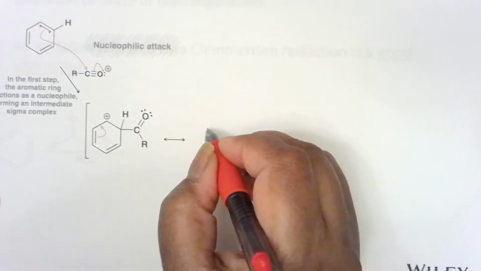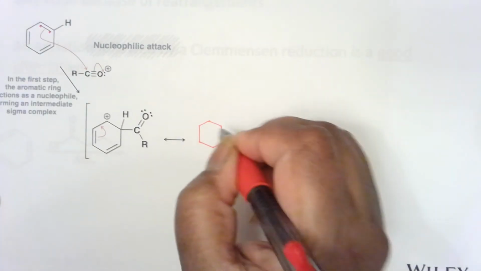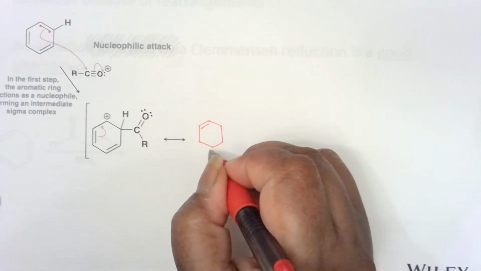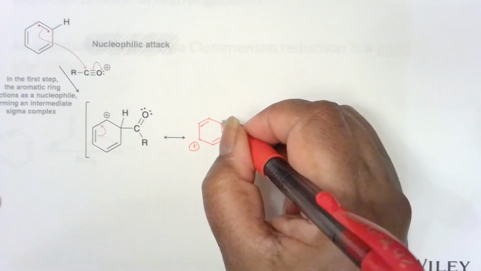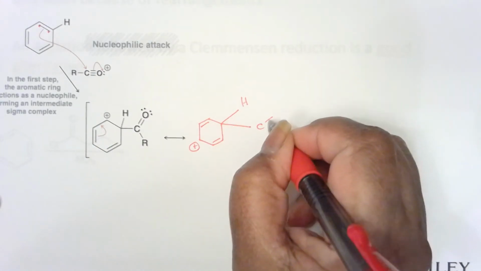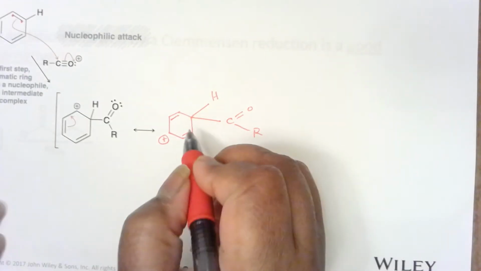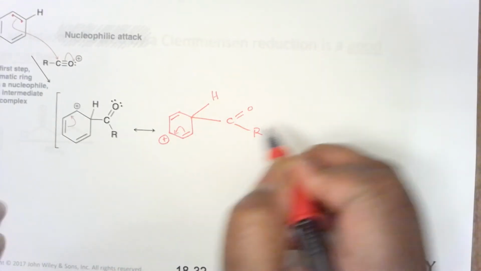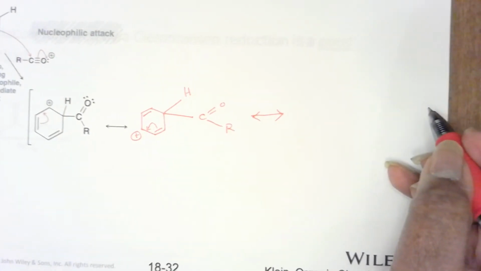So you can draw other resonance structures like you've done before. Positive here. This remains the same. And then you can move the pi bond like I've shown.